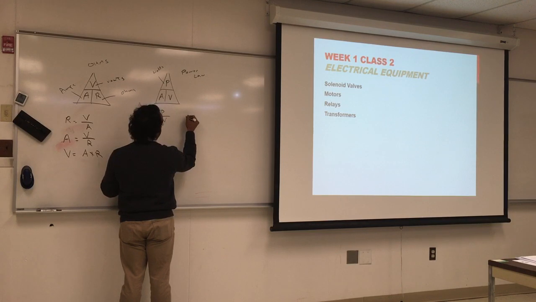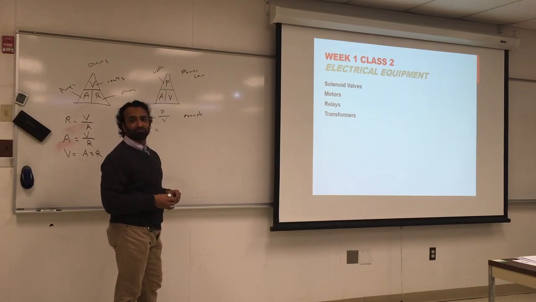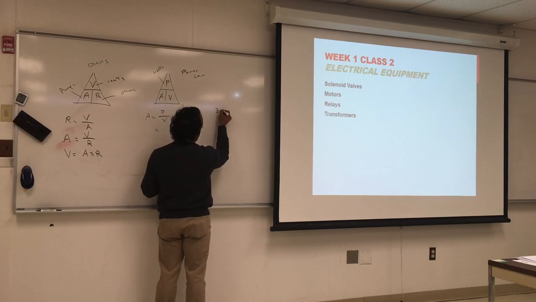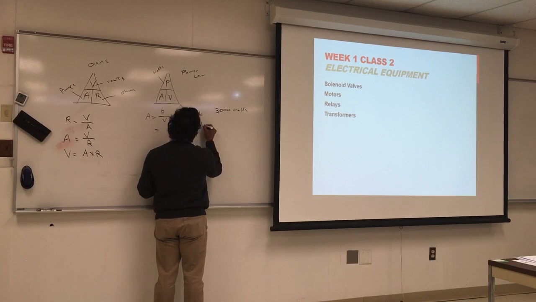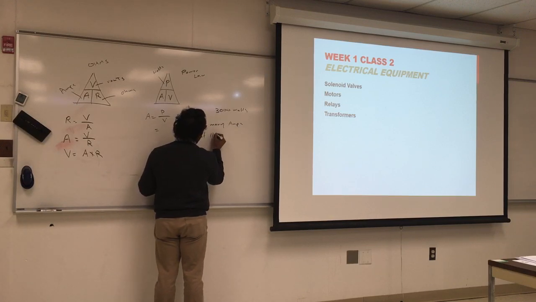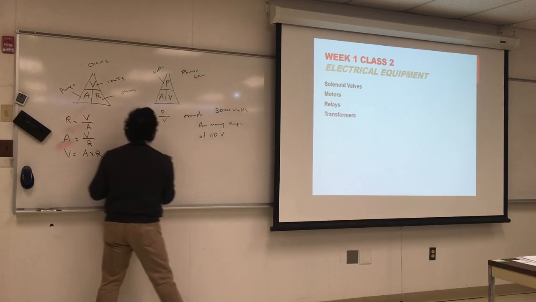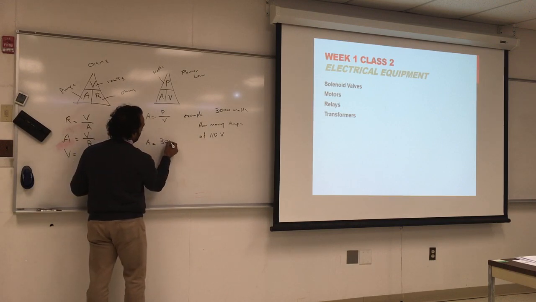Example. How much does a microwave consume? 2,000 watts? Between 2 and 3. Yeah, let's say 3,000. How many amps at 110 volts? So I'm going to say the amperage will equal 3,000 over 110.